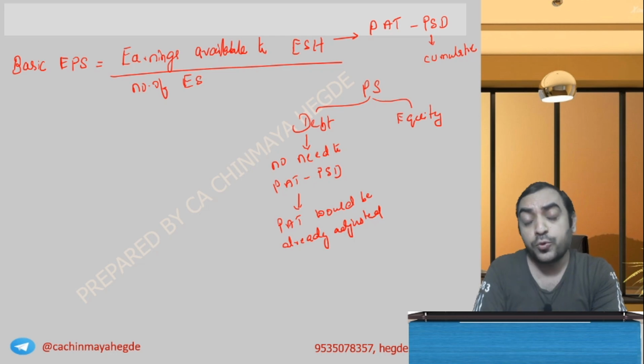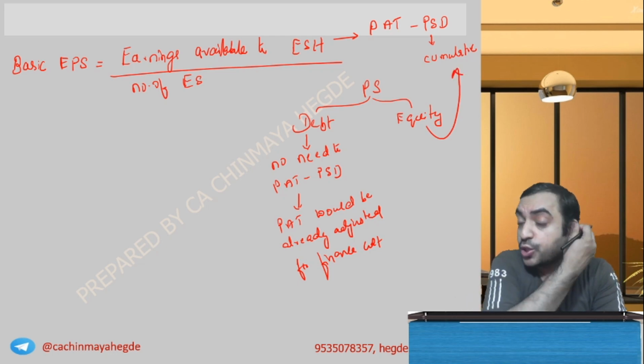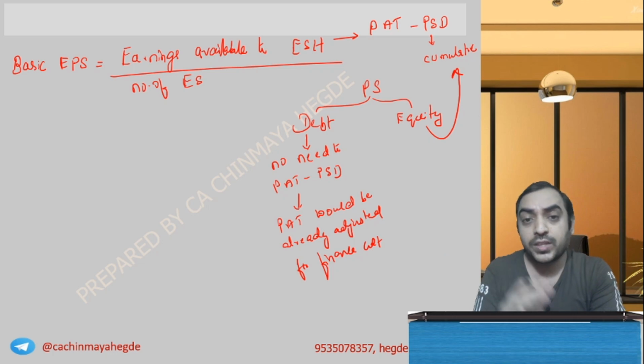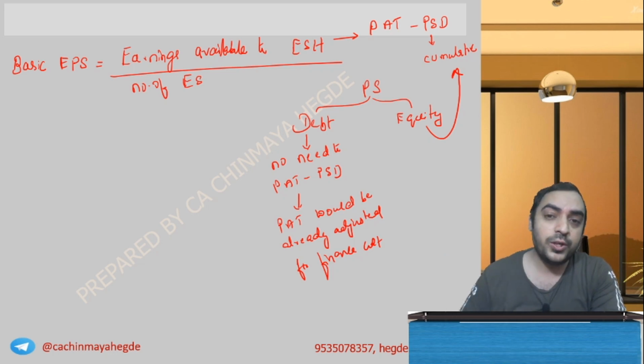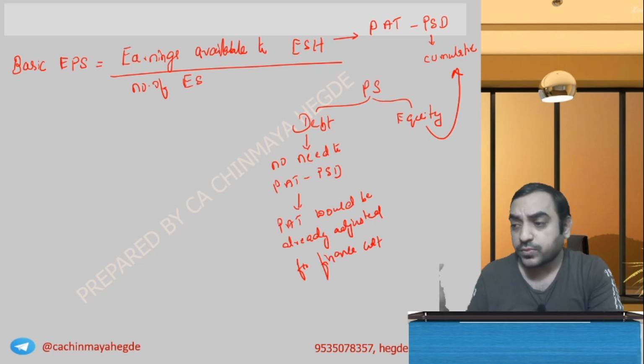To compute profit after tax, that dividend would have been taken as finance cost. So PAT would already be adjusted for the finance cost. And for preference shares in the nature of equity, we follow this: we subtract the dividend. So this is the earnings available to equity shareholders.